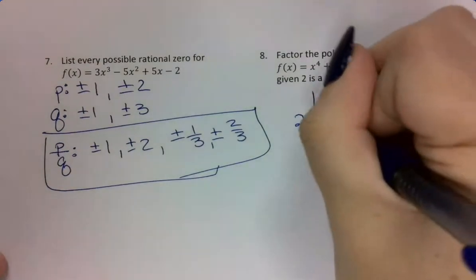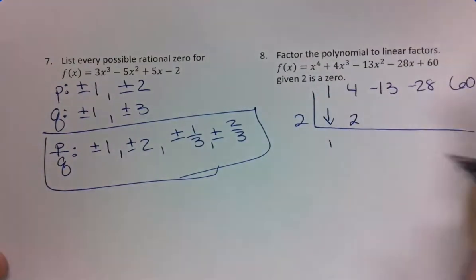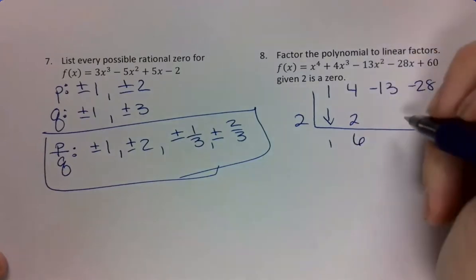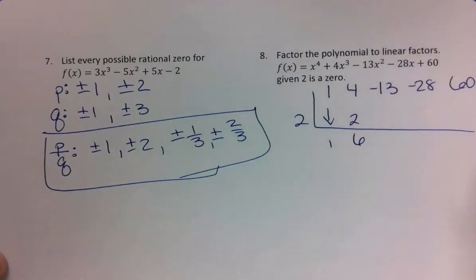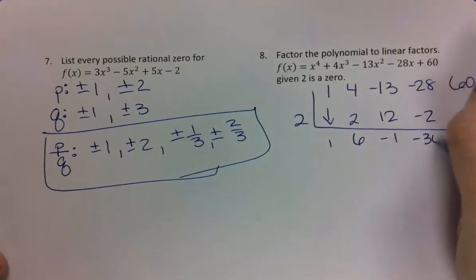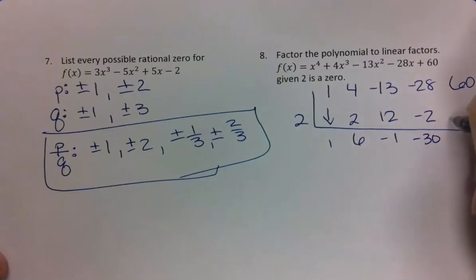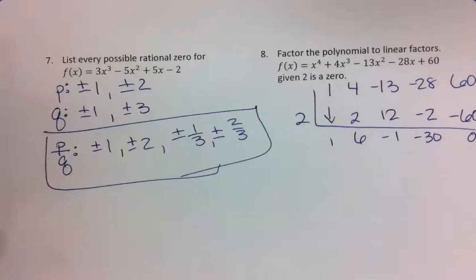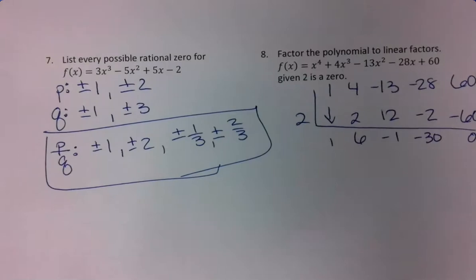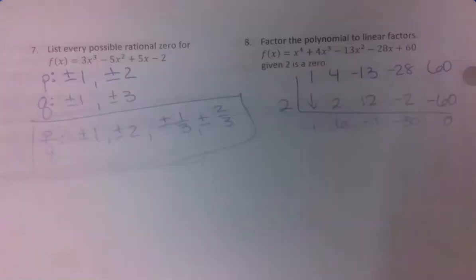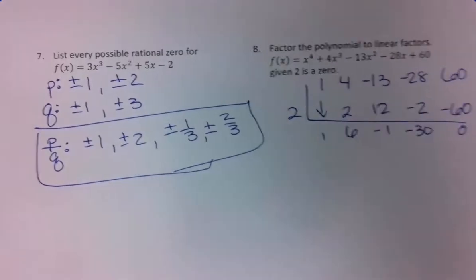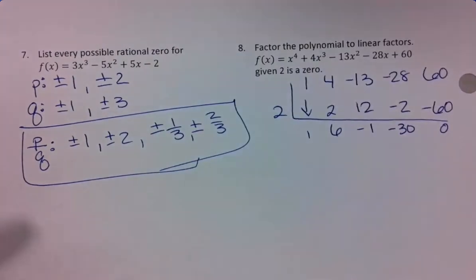So when I bring down this 1, 2 times 1 is 2, 4 plus 2 is 6, 2 times 6 is 12, negative 13 plus 12 is negative 1, 2 times negative 1 is negative 2, negative 28 minus 2 is negative 30, negative 30 times 2 is negative 60, which gives me a remainder of 0, which is good, because factors always should give me a remainder of 0.